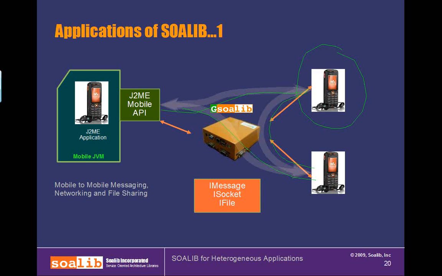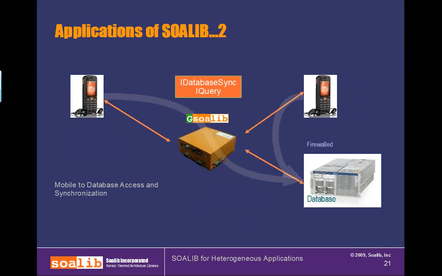And for that to happen, you can use one of these API services. Another application example is if you have a mobile application, and the mobile phone wants to access an enterprise database, then you can use iDatabase Sync and iQuery services to do that.